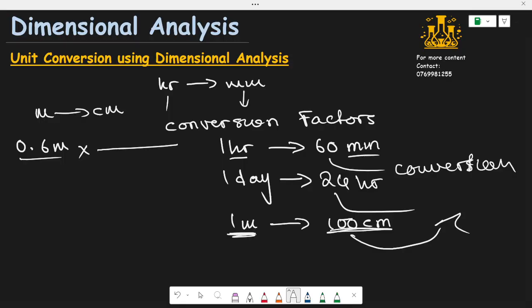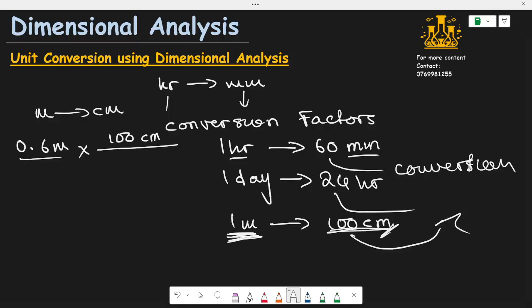If you're trying to find the answer in centimeters, centimeters should be on top, then meters on the bottom. So whatever you're not trying to find should be on the bottom. So in our case, we're trying to find the answer in centimeters, so centimeters should be on top with the 100.